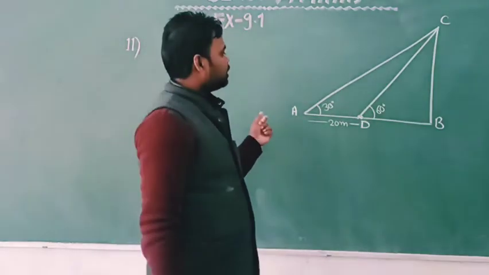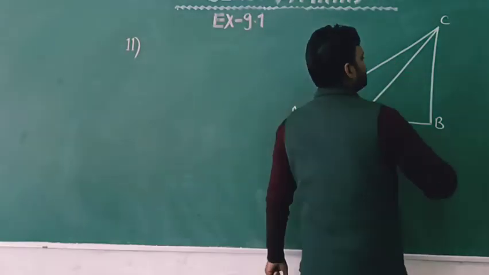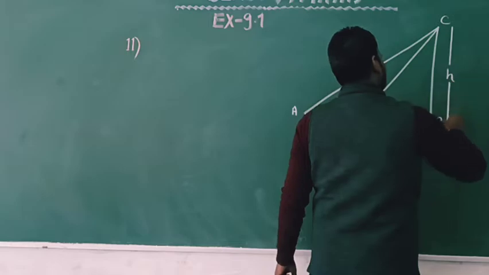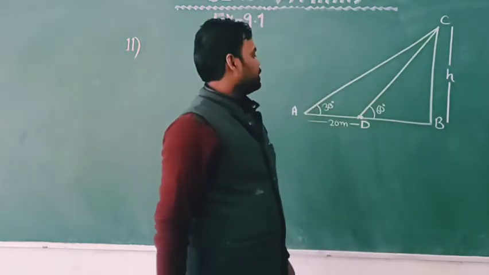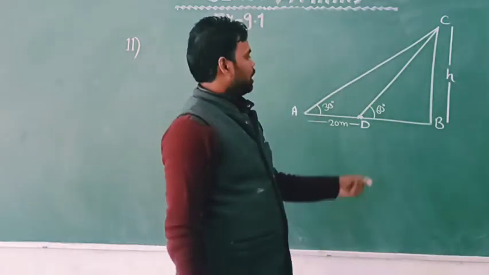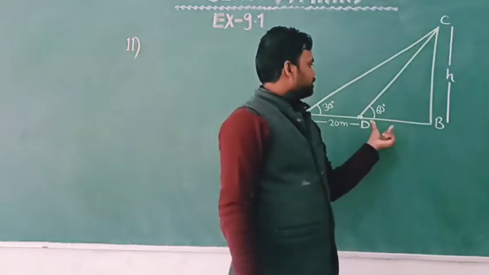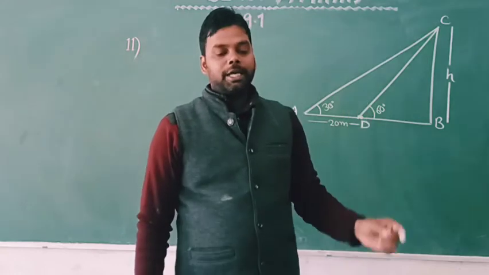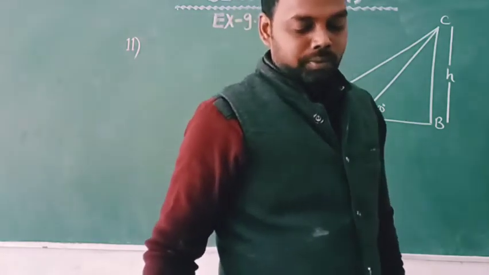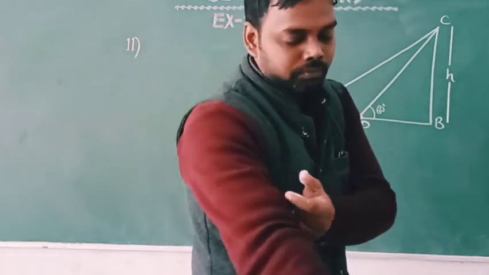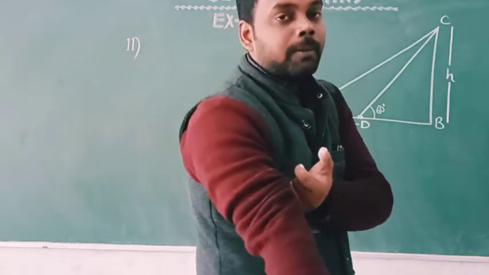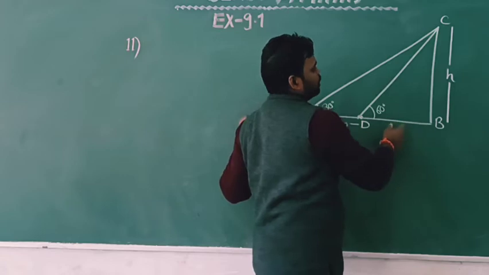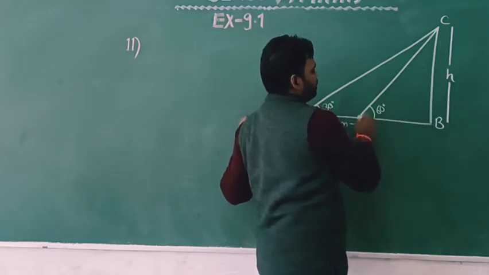So here in this figure, BC is the TV tower whose height is h meters, and BD is the width of the canal, on the opposite side of the tower.